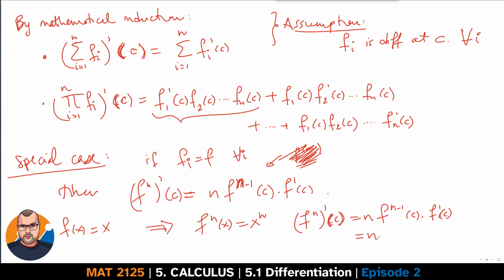That would be n times c to the n minus 1 times the derivative of the identity function at c, which we haven't yet shown, is equal to 1. Once we do, we're going to get this very specific rule here. Of course, c could be equal to x. c is any value in there, so it might make more sense to write it with an actual x. This gives us the derivative of the power function.